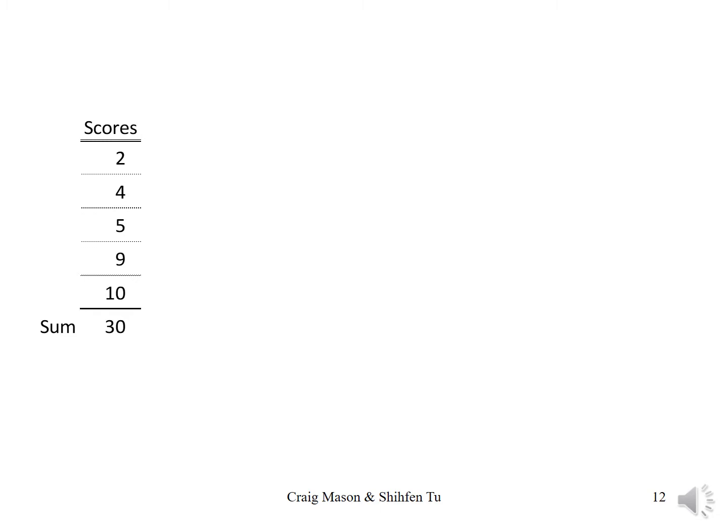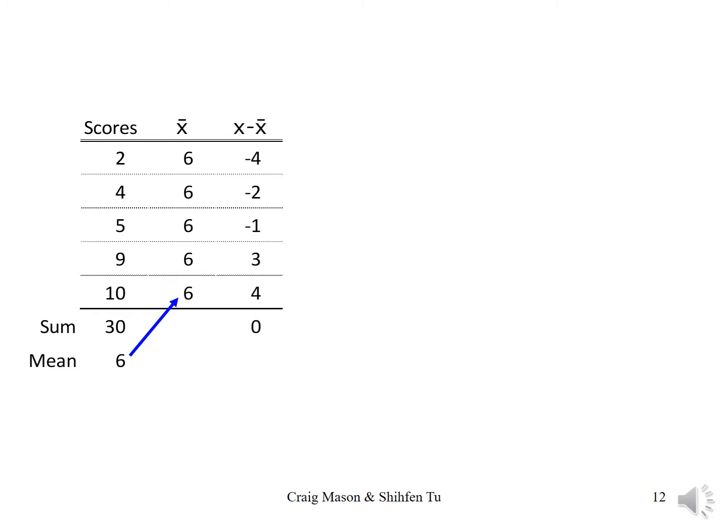We'll start with these 5 values, 2, 4, 5, 9, and 10. They sum to 30, so my mean is 6. I then subtract the mean 6 from each of those scores. Mathematically, we can write that as x minus x bar. That gives us -4, -2, -1, 3, and 4.